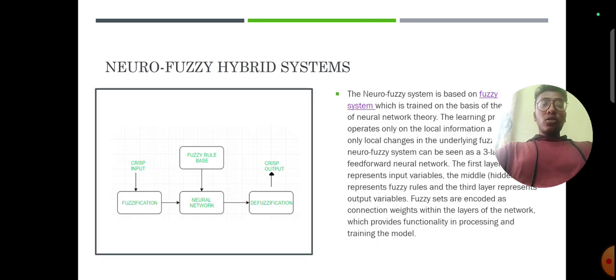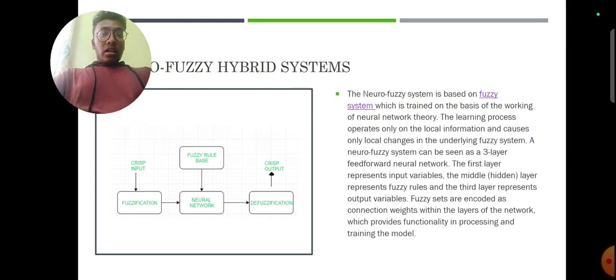So what are neuro-fuzzy hybrid systems? The neuro-fuzzy system is based on a fuzzy system which is trained on the basis of the working of neural network theory. The learning process operates only on local information and causes only local changes in the underlying fuzzy system. A neuro-fuzzy system can be seen as a three-layer feed-forward network.